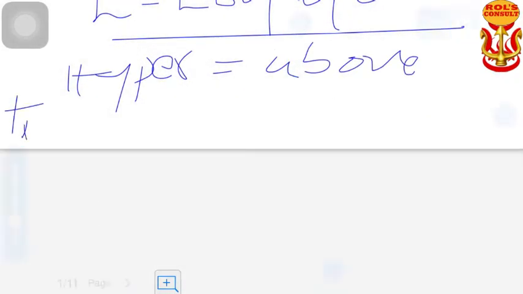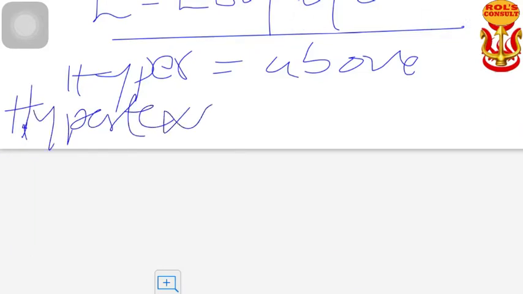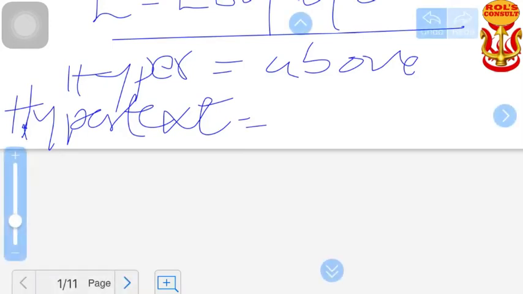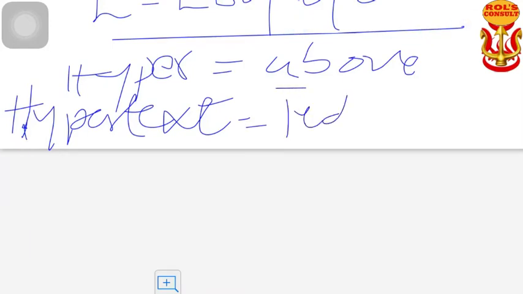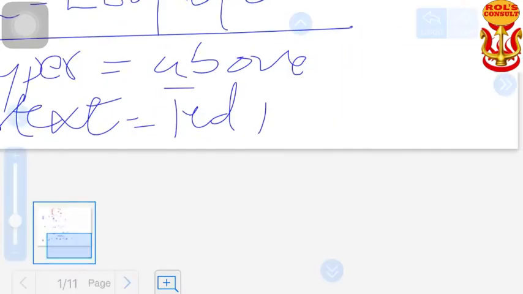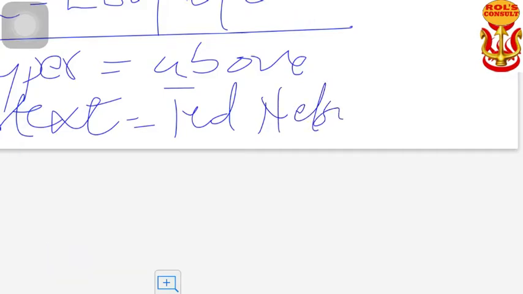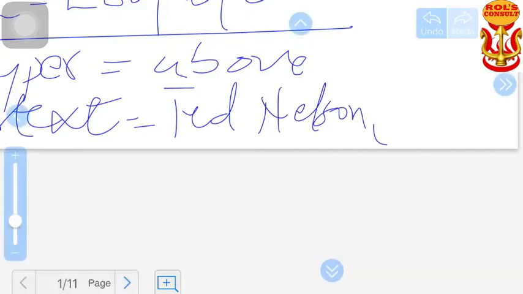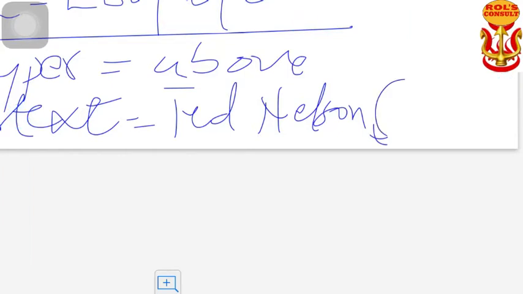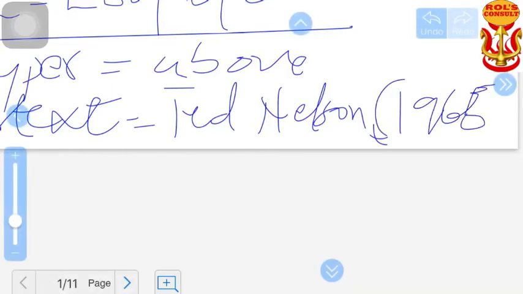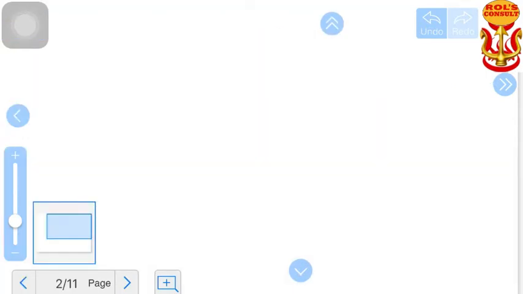Hypertext was given by Ted Nelson in 1965. So he brought the term hypertext, and this is how we define it.